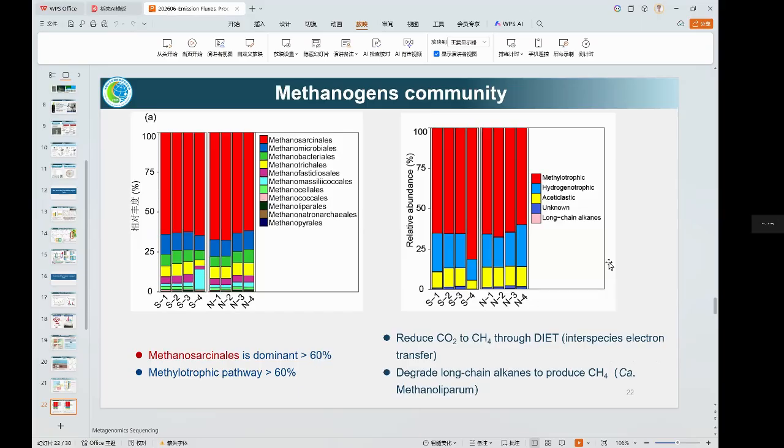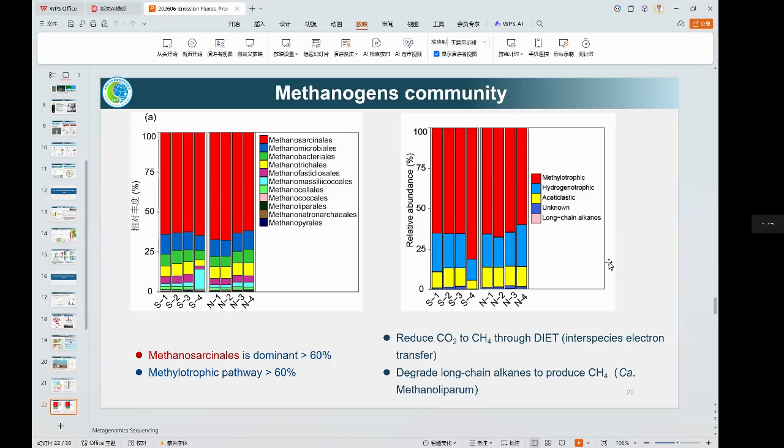As for the methanogen community, we found Methanosarcinales is dominant in the community. They account for over 60%, and they are responsible for the methylotrophic pathway. Besides, we also found some other groups of methanogens.